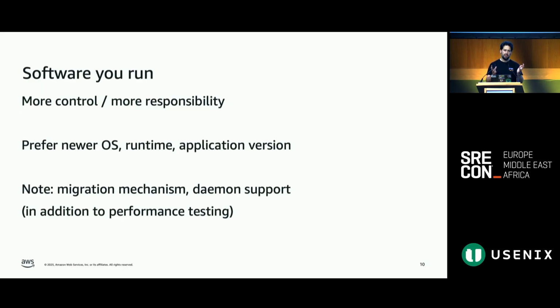Another thing that is in your responsibility here is the migration mechanism. So usually with this kind of software, you will have to decide how are you going to move from x86 to ARM64 and also think about a way of rolling back in case you're seeing something weird, right? And then you can fix it and then try again. And of course, all of that in addition to performance testing that we discussed earlier.